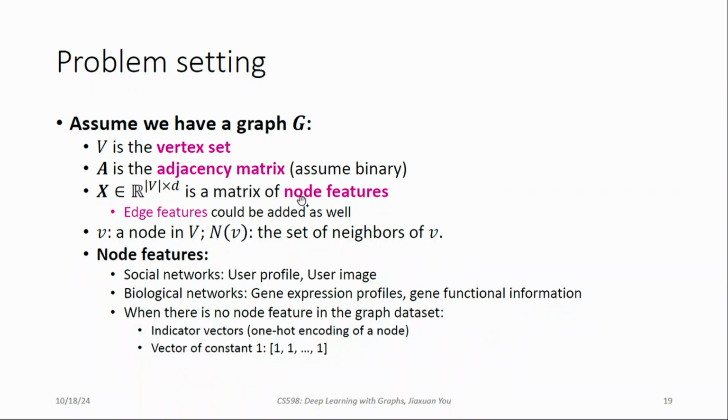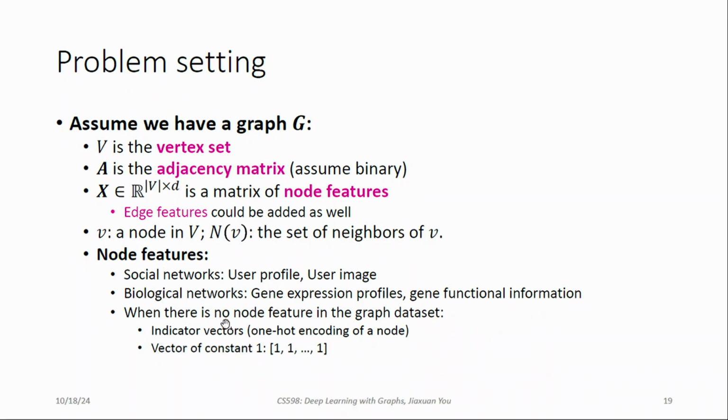And sometimes we will also be given node features, which can be represented as d-dimensional features for each one of the nodes. And there are some notations, like V usually stands for a single node in your vertex set, and N of V stands for the neighborhood of V, where a neighbor is defined as any node that has a one-hop relationship, or is directly connected to the current node.